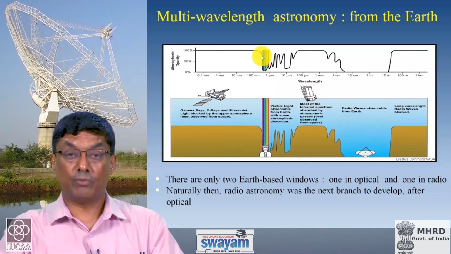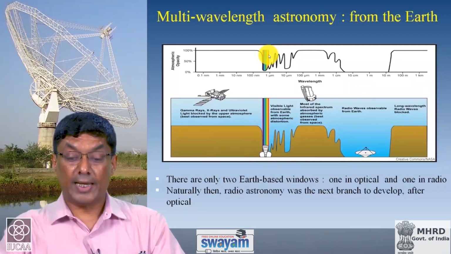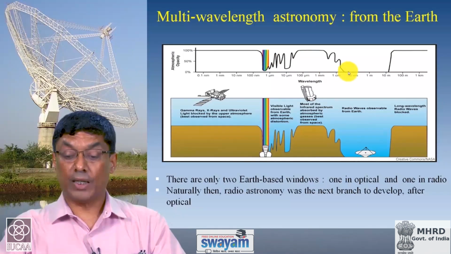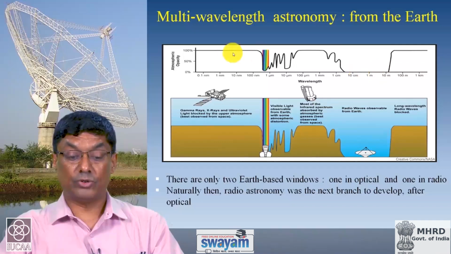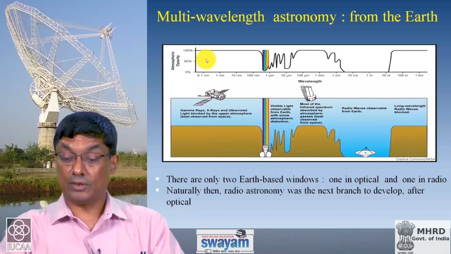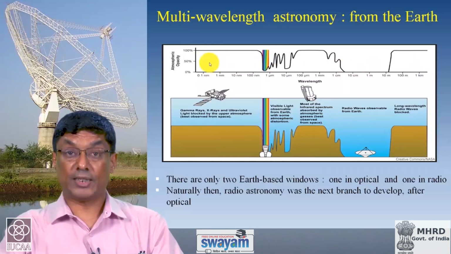One is of course the optical one, as we all know, and if you look at the other one, it is in the radio band. So, what this shows is the opacity of the Earth's environment, which is a combination of the atmosphere and the ionosphere of the Earth, to the wavelengths over the electromagnetic spectrum.